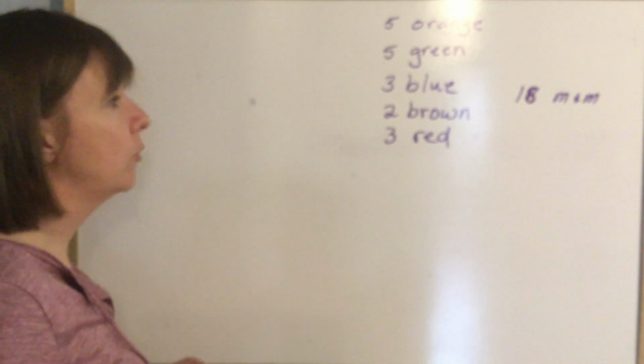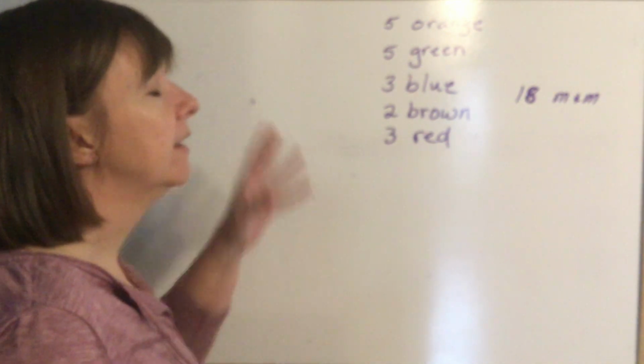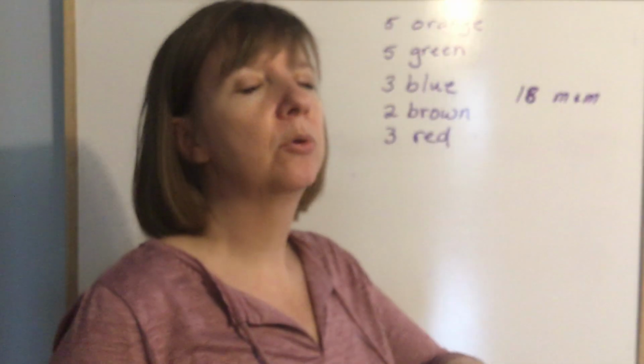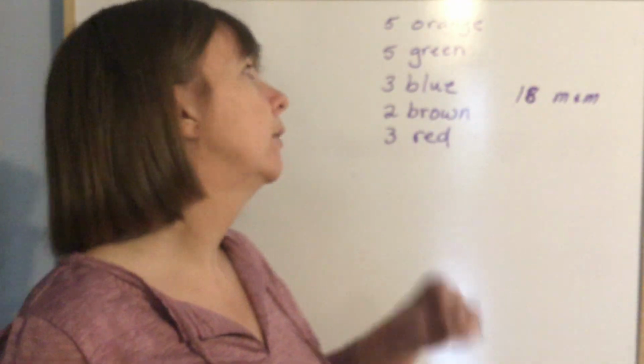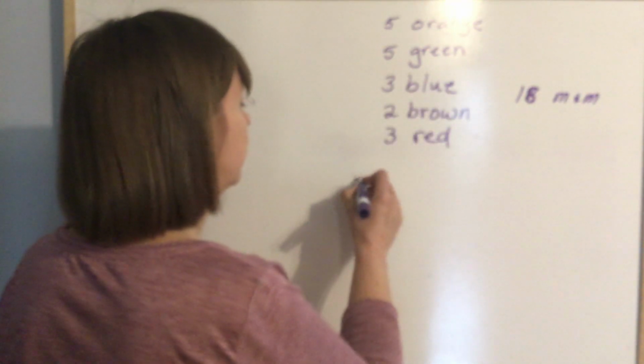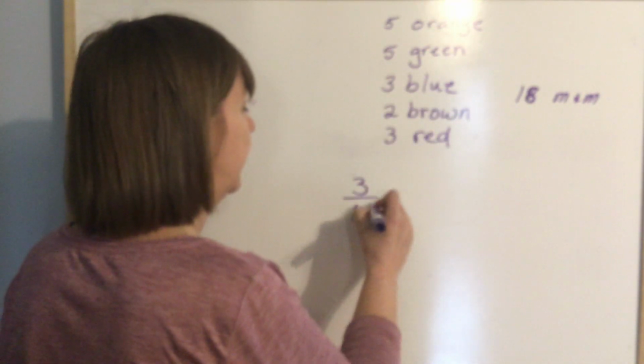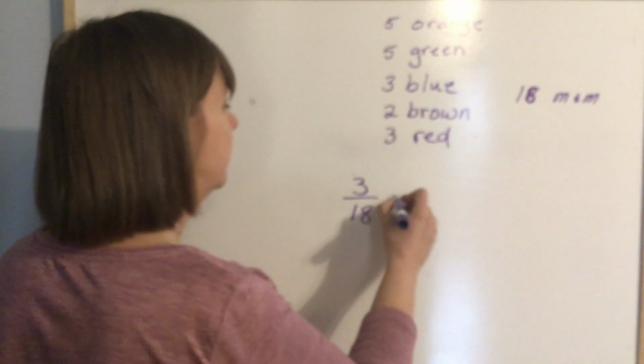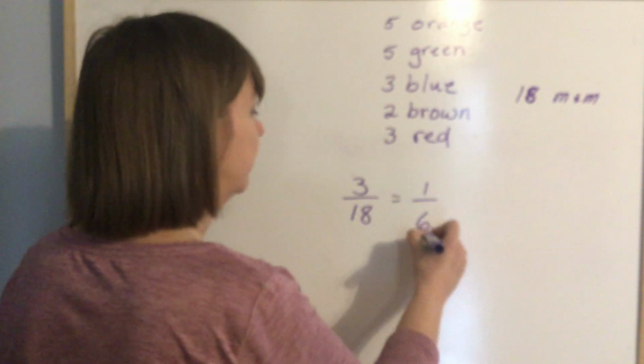Now, if I asked you, what is the probability that if I close my eyes and pull one out, it would be blue? Well, there are 3 blue, so there is a 3 out of 18 chance, which reduces to 1/6.